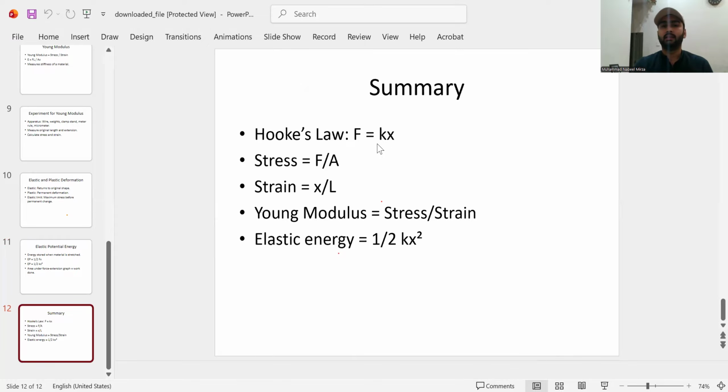It says that for any solid object, when we apply a force, according to its property, it changes its length. If it is soft, then we apply less force. If it is hard, then we apply more force to change its length. It may be tensile or it may be compressive.